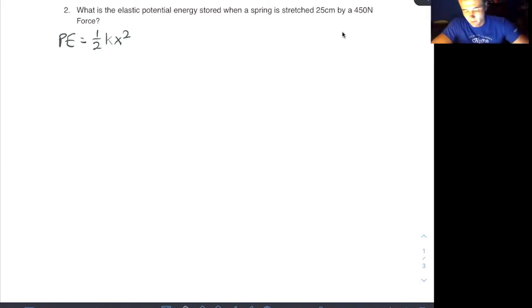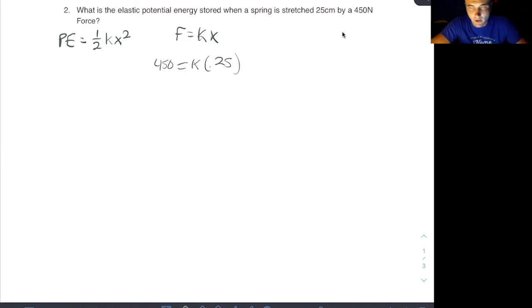We know this other equation, which is perfect, and it utilizes force, right? So force equals spring constant times x. So we are given the force it takes to stretch the spring. So if we know that it's stretched 25 centimeters, which is 0.25 meters, right? And you use a 450 Newton force to do that, then we can get our K value.